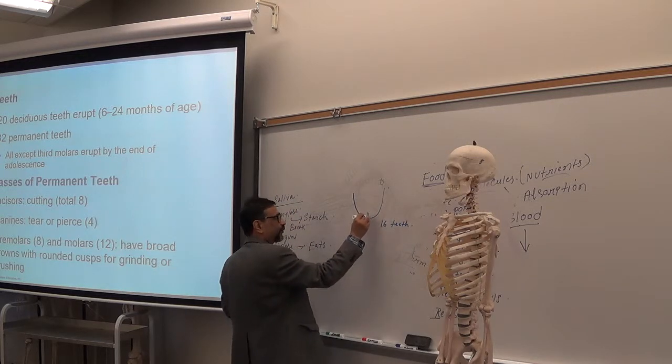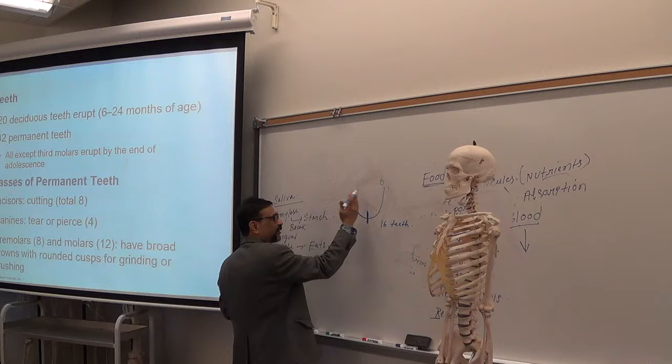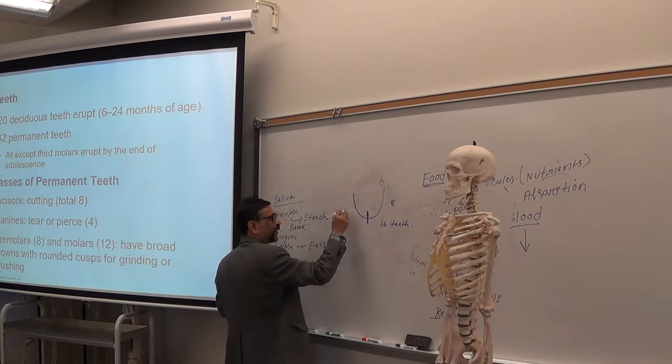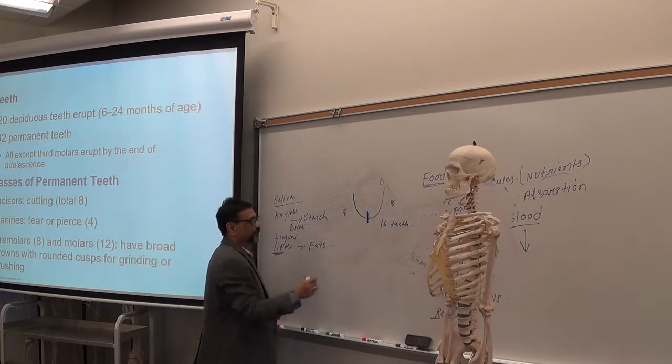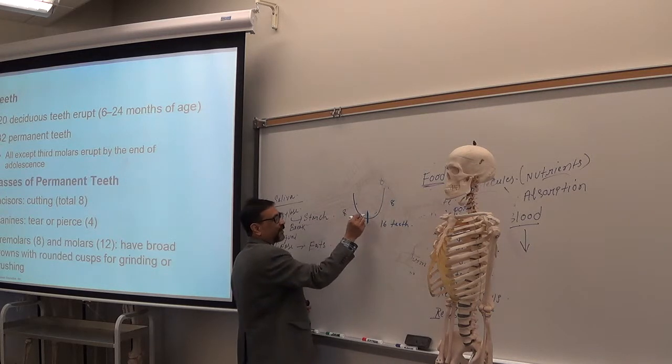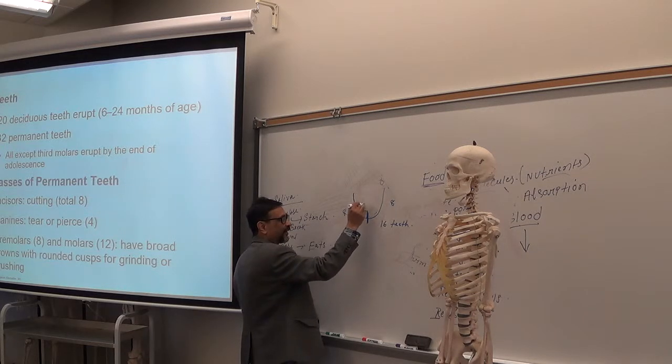Now if I divide the arch into two halves, in each half you have what? 8. Okay? So now we'll see among those 8, same teeth, 8 on this side, 8 on this side. If we start from the front, medial side of the front, you have 2 incisors, 1 canine, that is the pointed tooth.